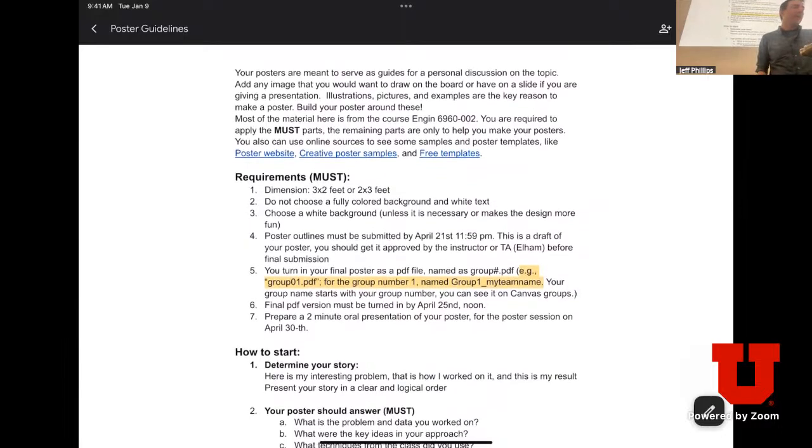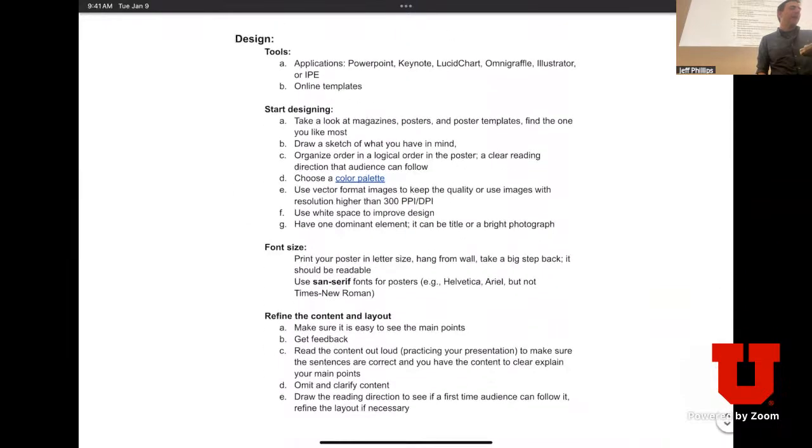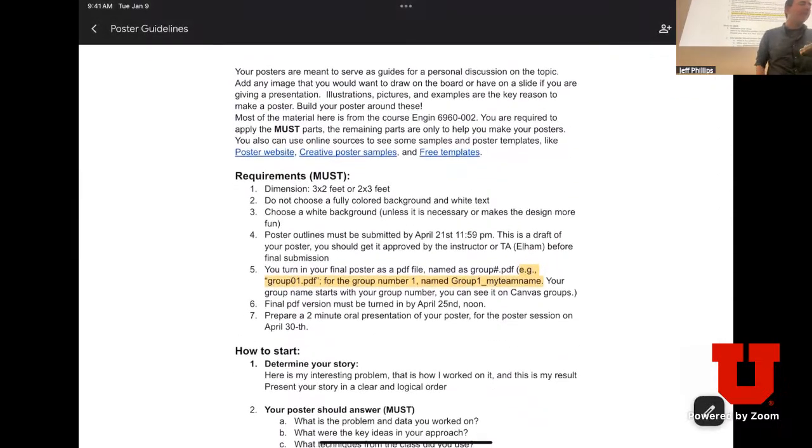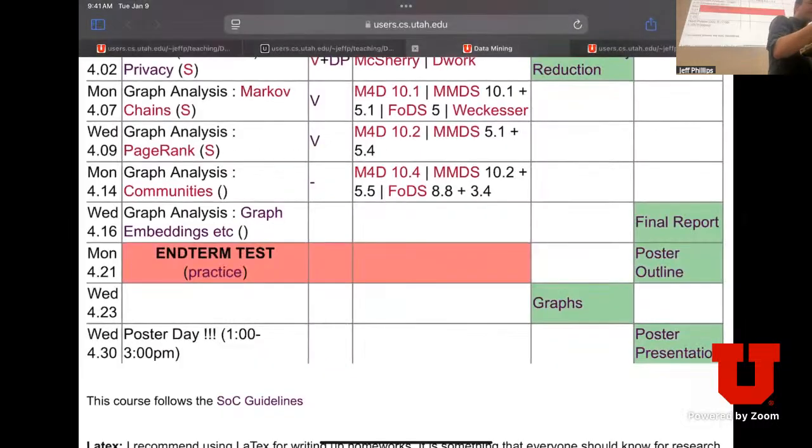There will be a poster session for help, I believe on Monday the 21st in the afternoon.